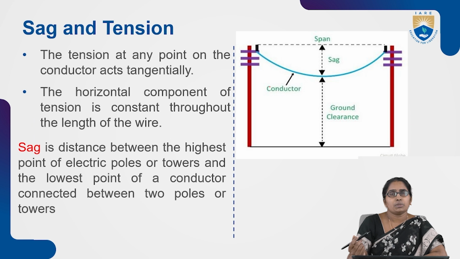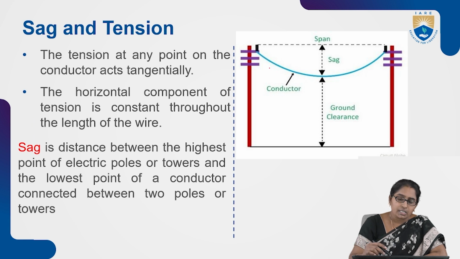That is how the transmission line is. You can see that the conductor is not a straight, tightened wire. It is just suspended between the supports.